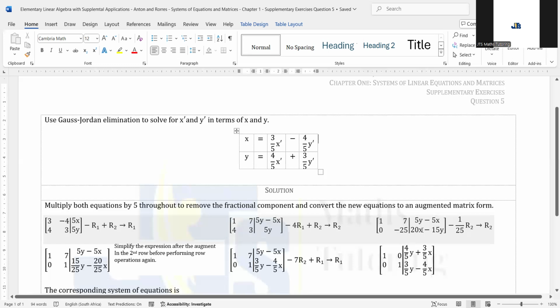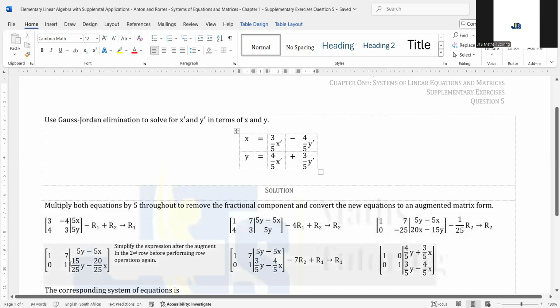Beautiful. All right. My next step is to have a 1 right here where this -25 is. So what I'm going to do is multiply row 2 with not a -25, but a -1 over 25.